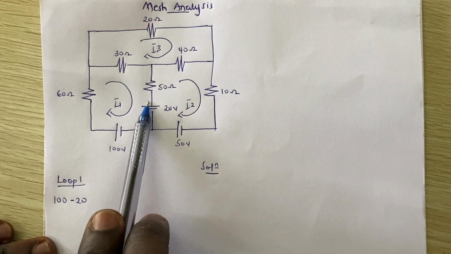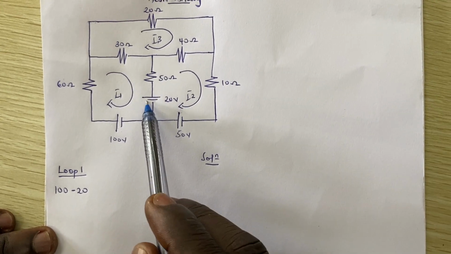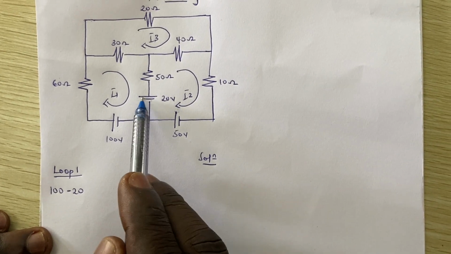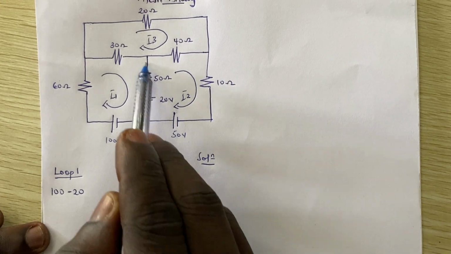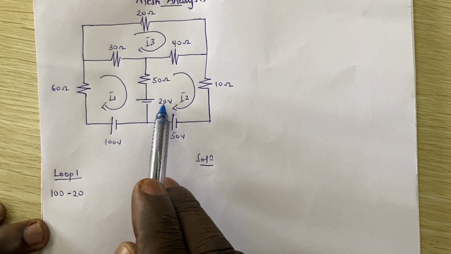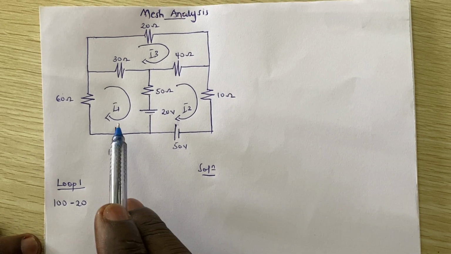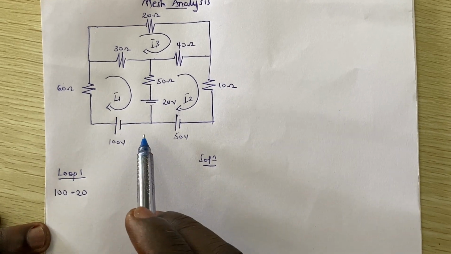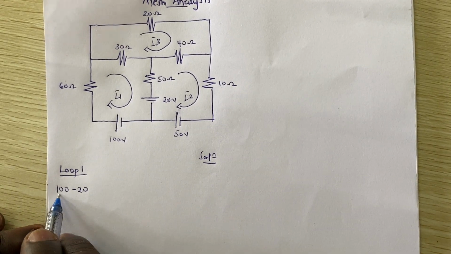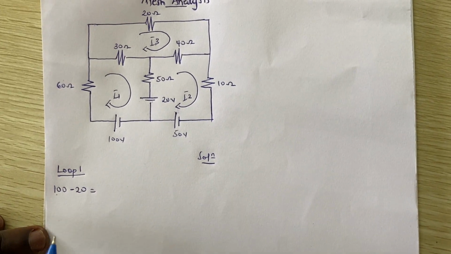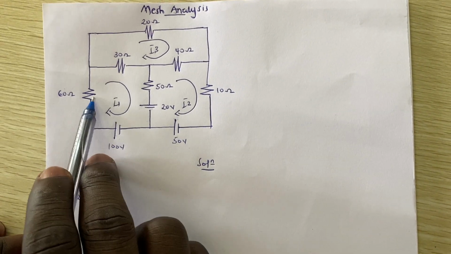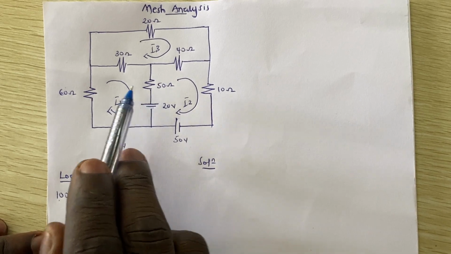But when it gets here, it's going to enter this 20, but because of this longest bar we have here, this 20 volts is also going to produce current this way, right? So it means that the current produced by this and this are opposites, so we subtract the lowest from the highest. So now we have 100 minus 20 is equal to the number of voltage drops that we have in there, right? Which is going to sum up to 0.